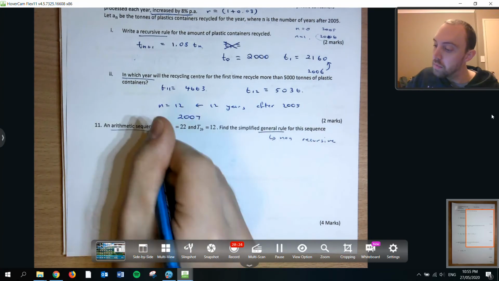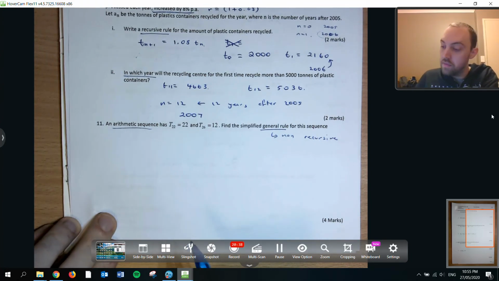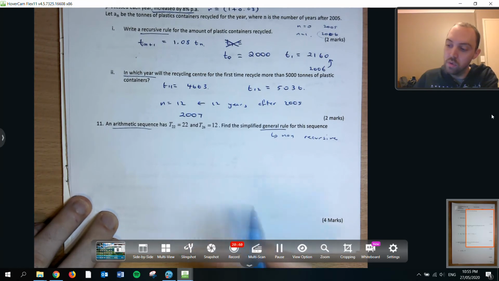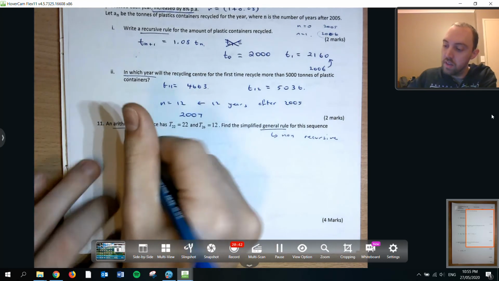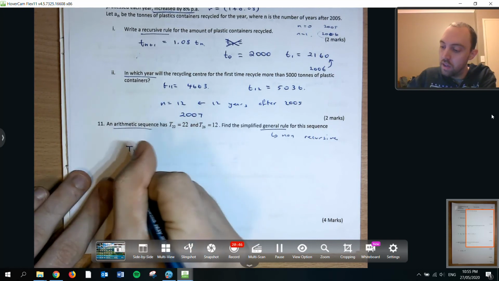For an arithmetic sequence, now, there's a few different ways to do this. If it were a non-calc section, then we would need to do it algebraically, but because this is a calc section, we don't have that issue, so we can use simultaneous equations. So I'm going to set up two equations, one for T22 and another for T26.